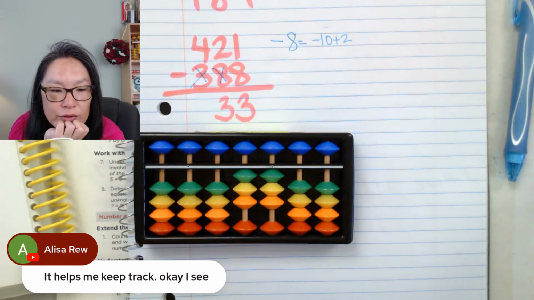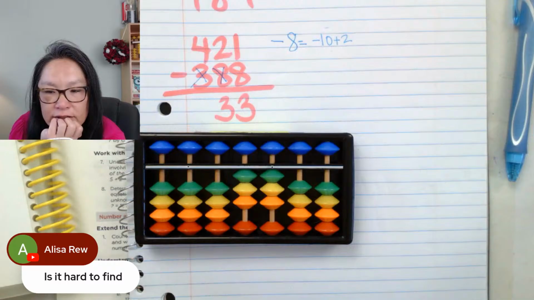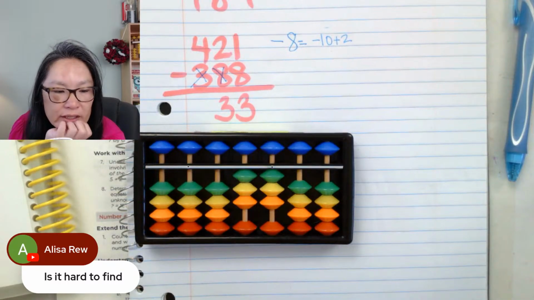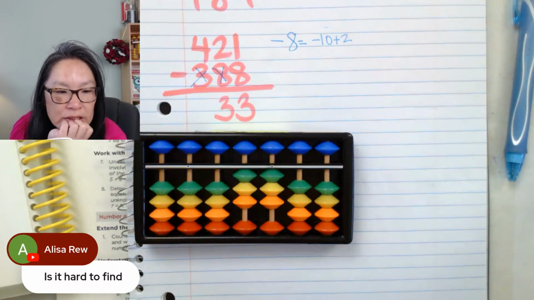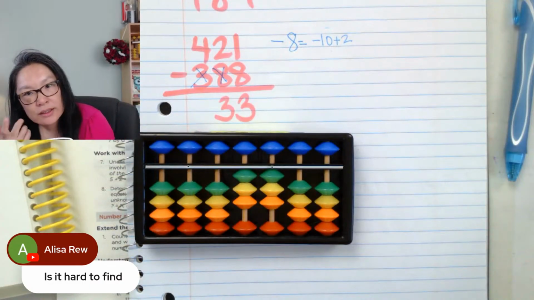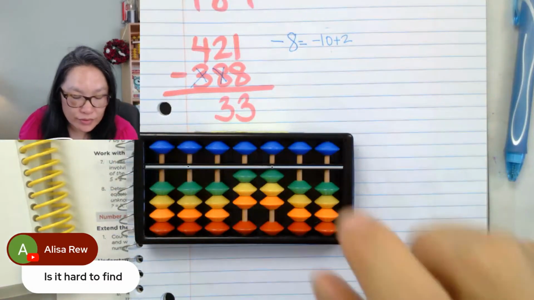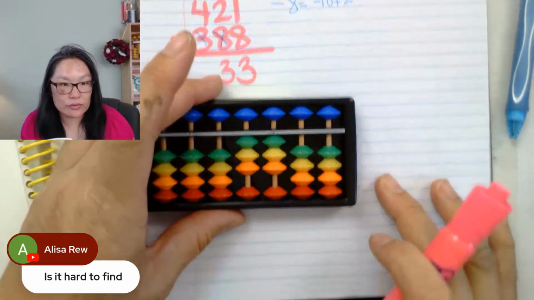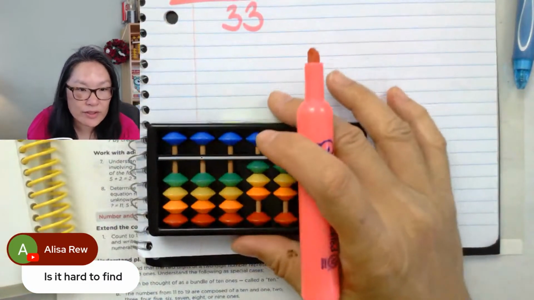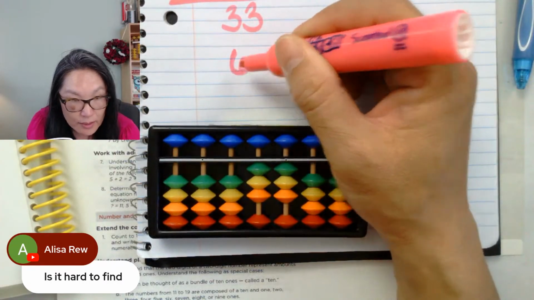So here's a few. Is it hard to find? I want to try smaller numbers. Okay, here. Let's do some smaller numbers. It is hard because I have to make the numbers, right? That's what takes time. I can't just use any number.